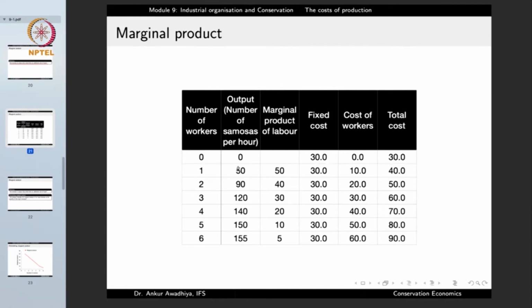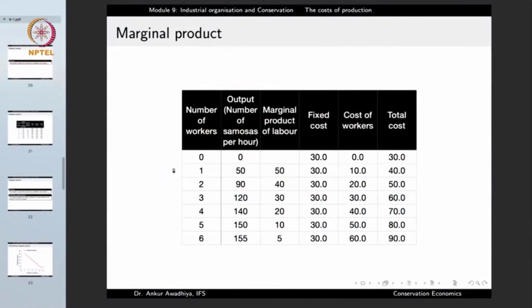But there will be certain fixed costs, because even when you are not producing samosas, you have installed the machines and you are paying the rent for the land. So the fixed costs remain the same whether you make the product or not.